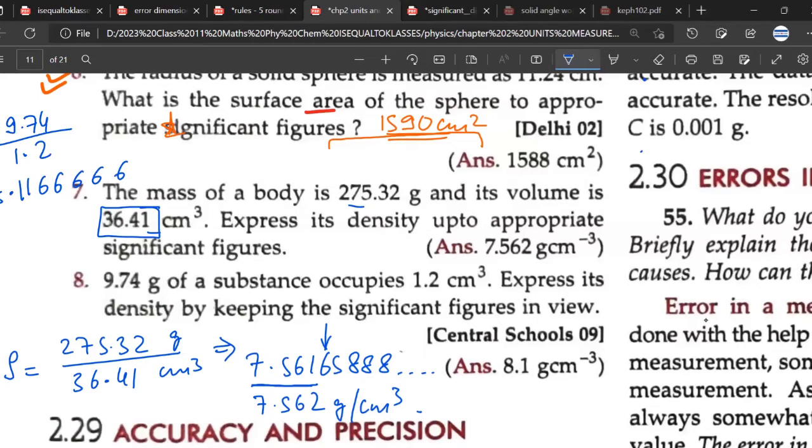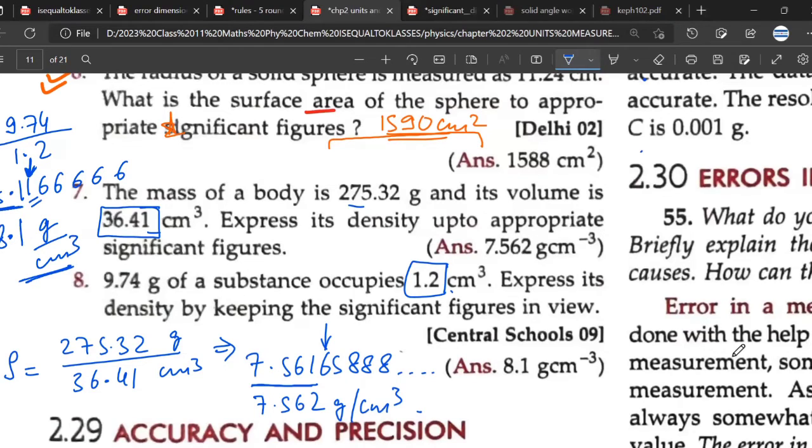But my answer can't be more than 2 significant digits. So this would be 8. I'll have to round off this 1. This is less than 5, I want to leave this. So my final answer would be 8.1 gram per centimeter cube. Is it making sense? Yeah.